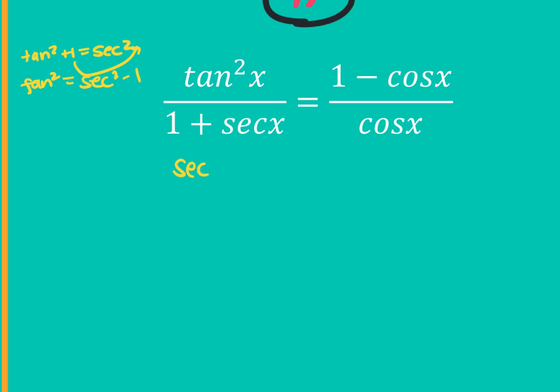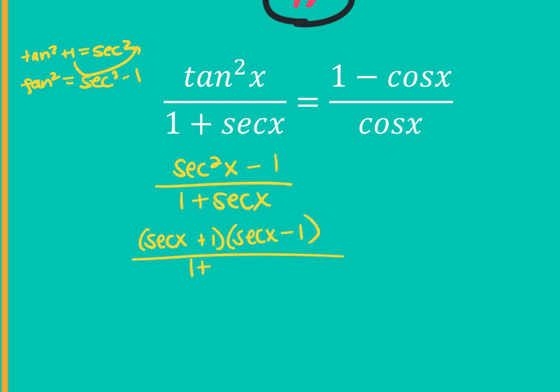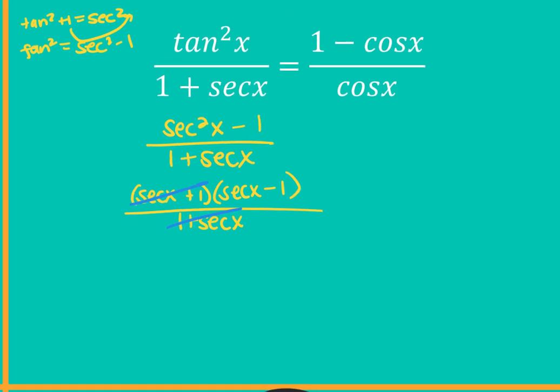So secant squared x minus 1 over 1 plus secant x. I can factor my numerator again, difference of 2 squares, secant x plus 1, secant x minus 1 over 1 plus secant x. Cancel out the secant plus 1s, and I get secant of x minus 1.